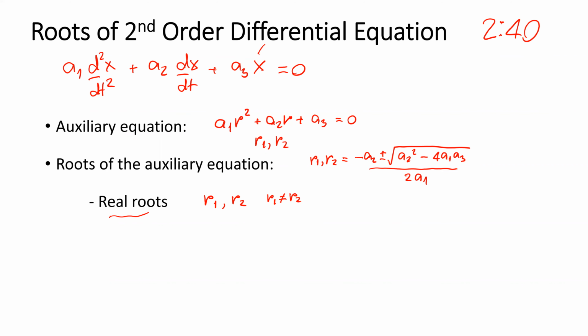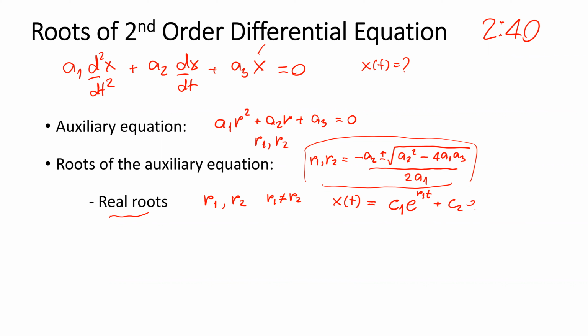So in this case, if R1 and R2 are real roots that are different, the response of the equation is going to be one constant multiplied by exponential of r1 t, plus the second constant multiplied by e power r2 t.